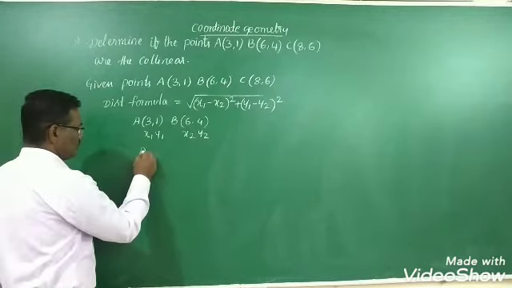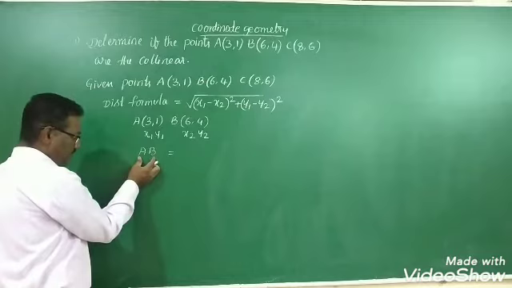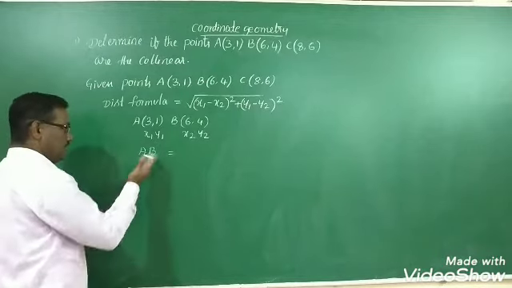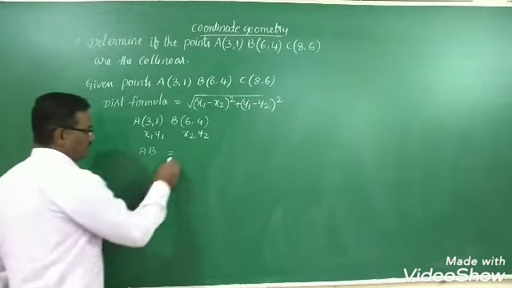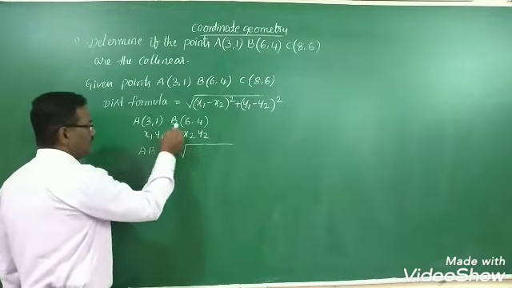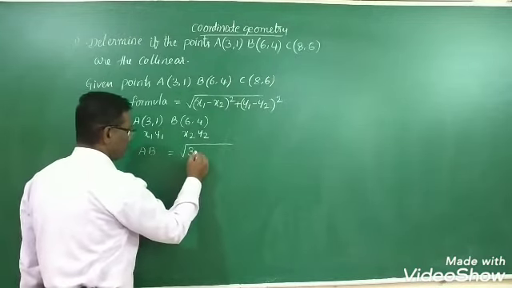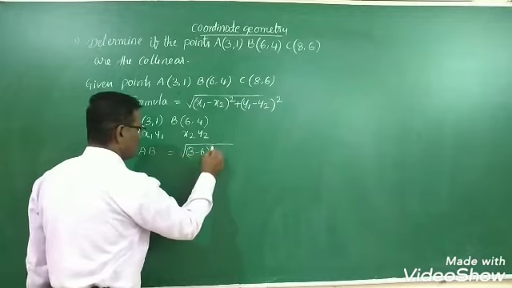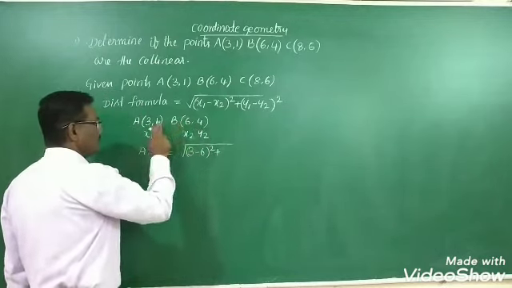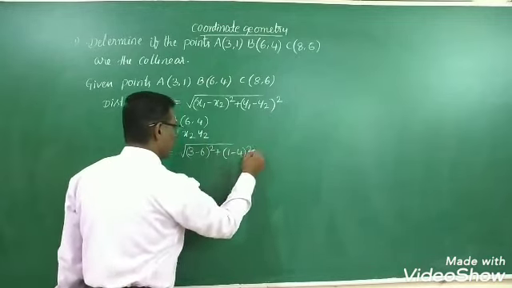Therefore, I am going to mention here AB. AB is the distance between A and B, nothing but the length of AB. AB and BA are both the same. Square root of, according to that formula, (x1 minus x2), 3 minus 6, whole square, plus (y1 minus y2), 1 minus 4, whole square.